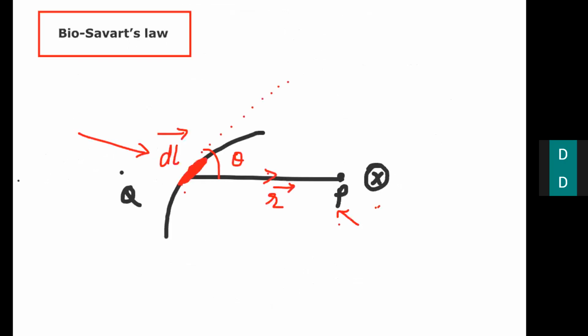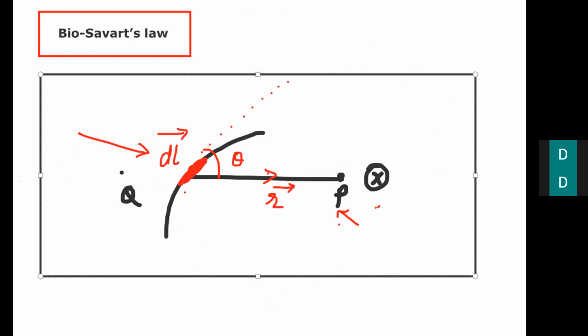So let us physically imagine what this diagram is about. Consider that this screen is a plane, and the direction of the field is perpendicular to the plane containing the current element. So the magnetic field is perpendicular to the plane.